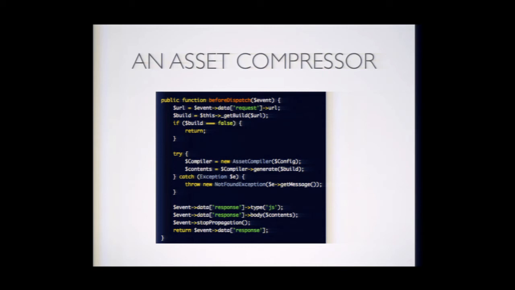So it listens to a URL, and if the URL matches some configuration, then it will compile all the list of assets, return the response of type JavaScript, set the body contents to the compiled string, and stop the propagation of the event. So stop this request. Here's your data. So please respond with this response object, stop the propagation of the event. That means stop the request and serve this data.